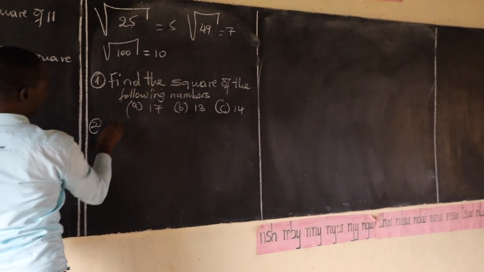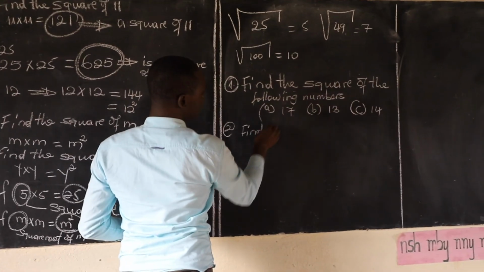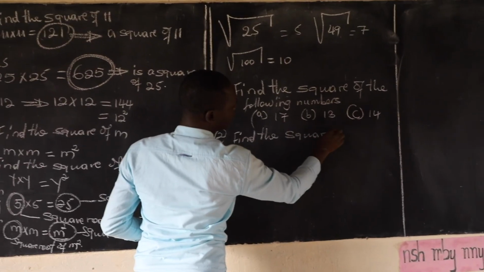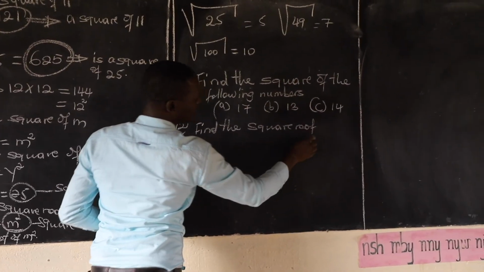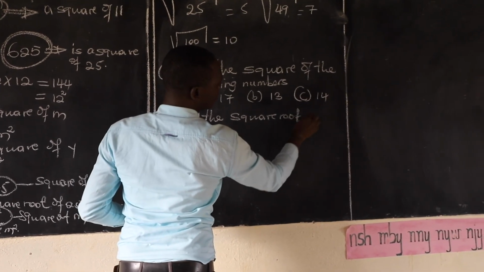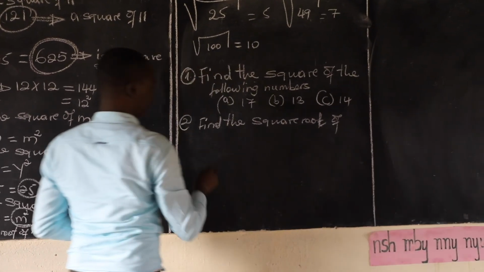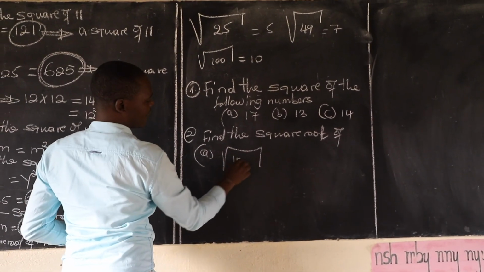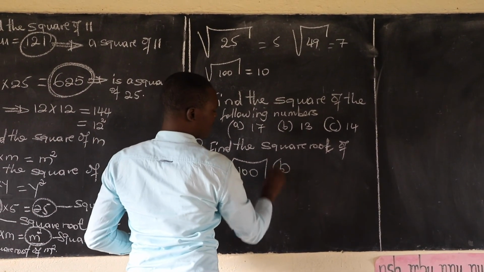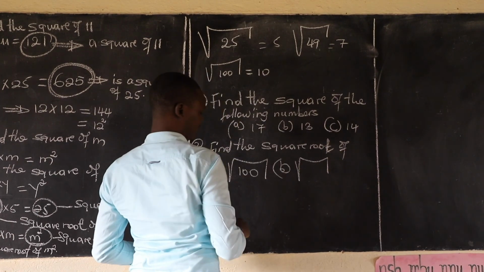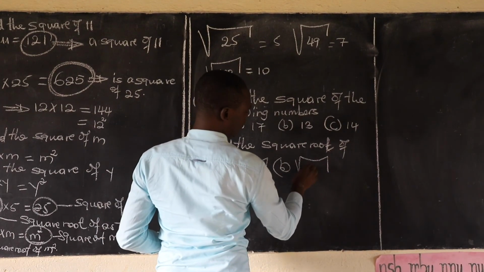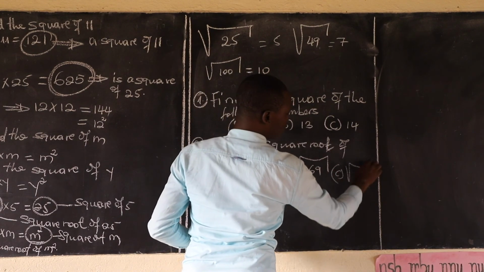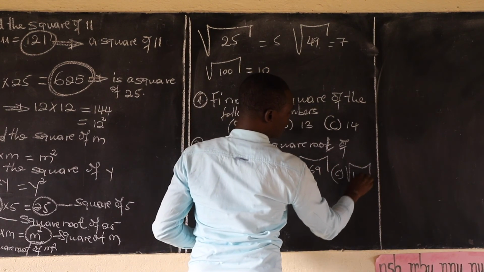Then number 2, find the square root of A, the square root of 100; B, the square root of 169; C, the square root of 144.